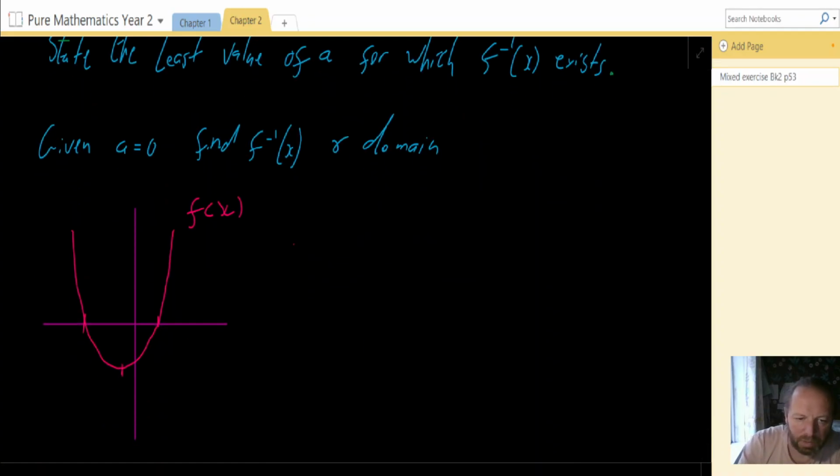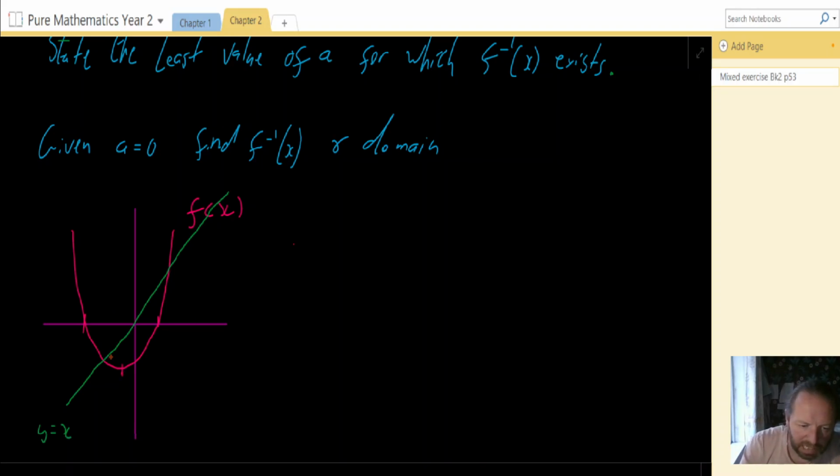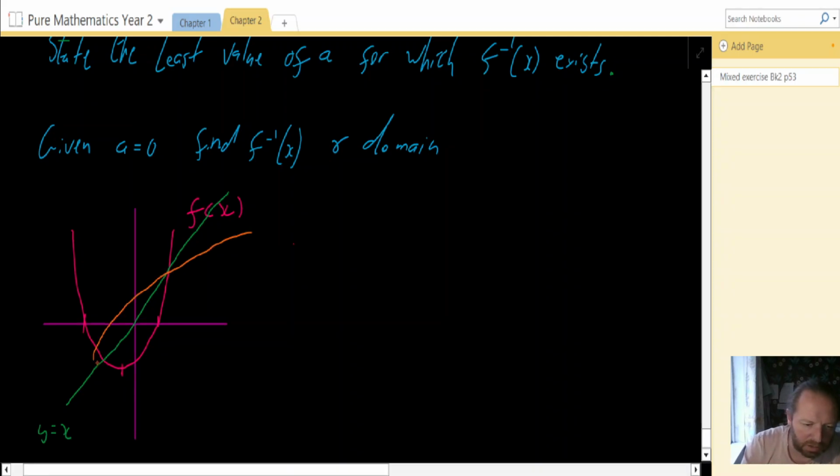Well, f of minus 1 is normally when you take your y equals x line, and then from there you reflect this entire thing in the y equals x line. So it comes out like this.